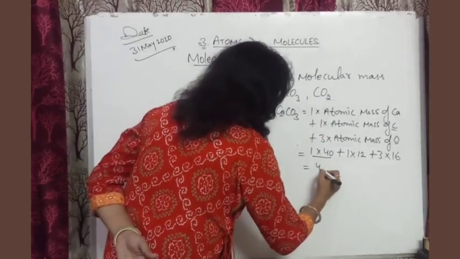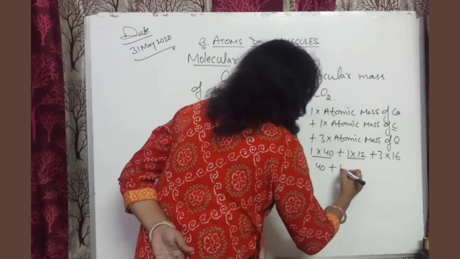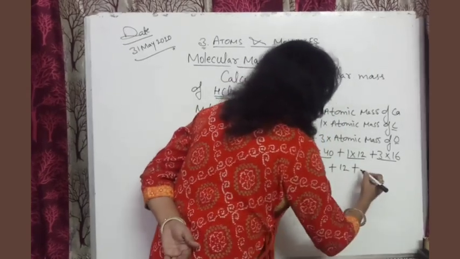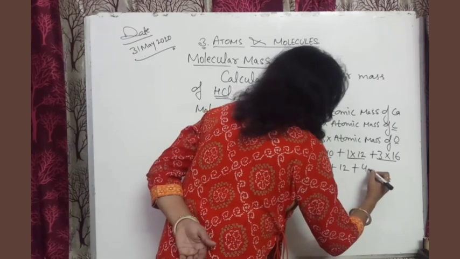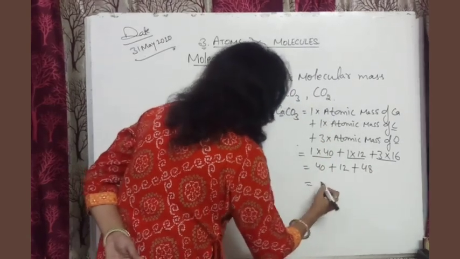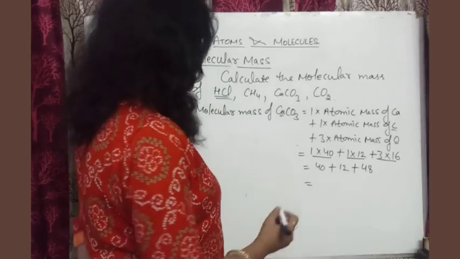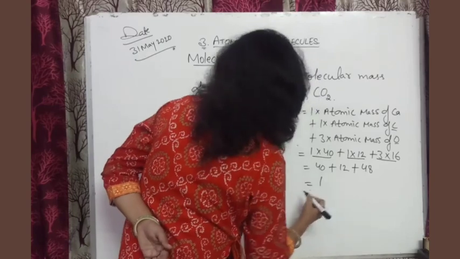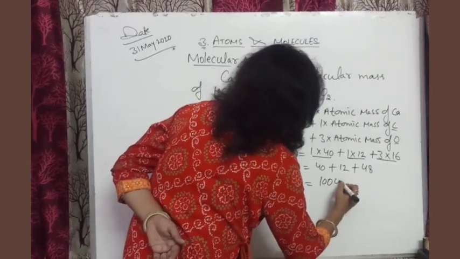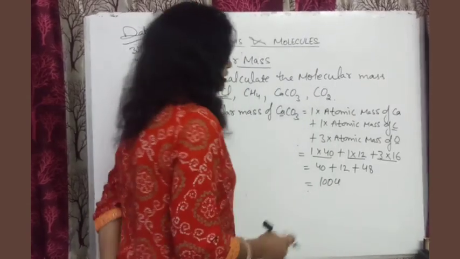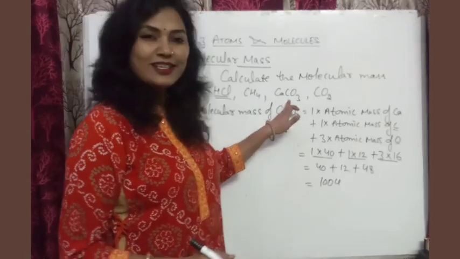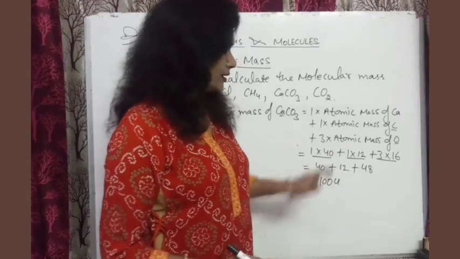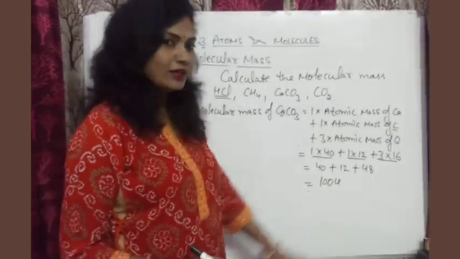Multiply them: 40 plus 12 plus 48. Add them and you will get 100 U. So this is the molecular mass of CaCO3.